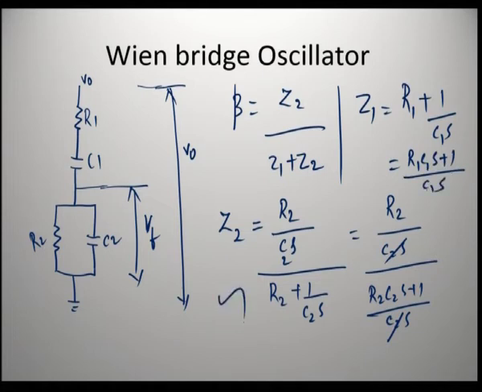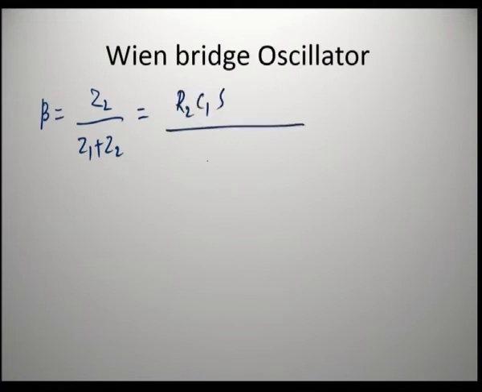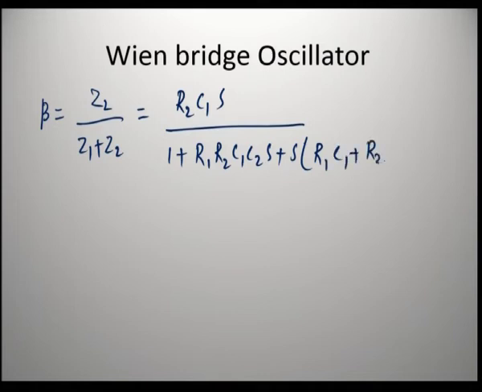So, if you substitute those values of Z1 and Z2 in beta equal to Z2 by Z1 plus Z2, you will have R2 C1S divided by 1 plus R1 R2 C1 C2 S squared plus S into R1 C1 plus R2 C2 plus R2 C1.